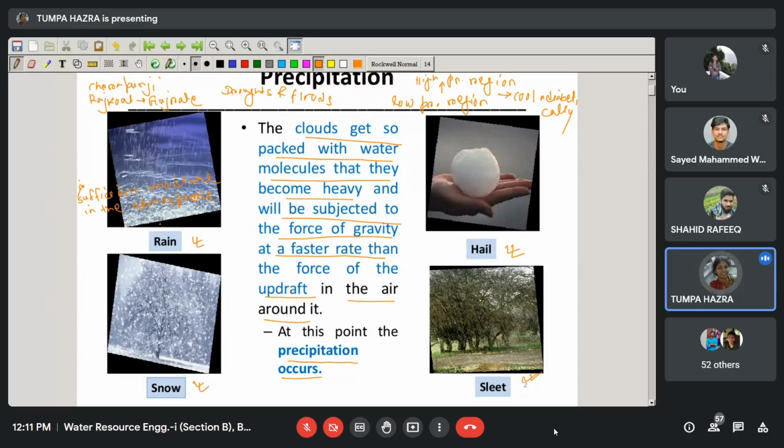Number two, there should be sufficient nuclei, sorry, cloud nuclei, to aid condensation.